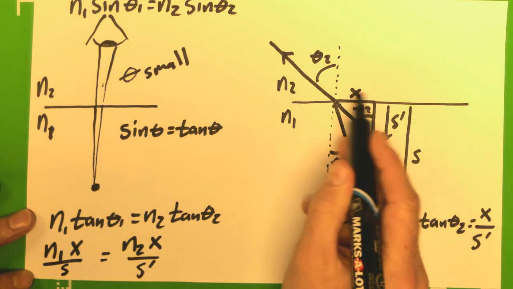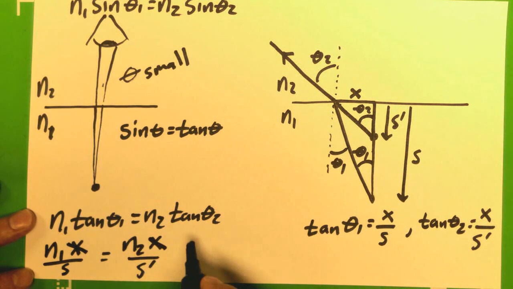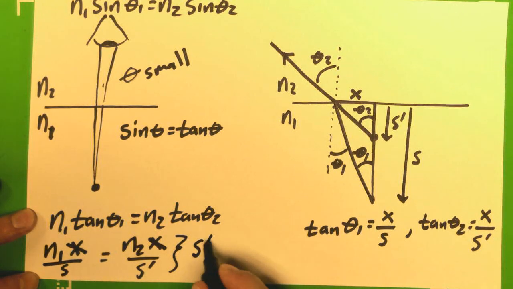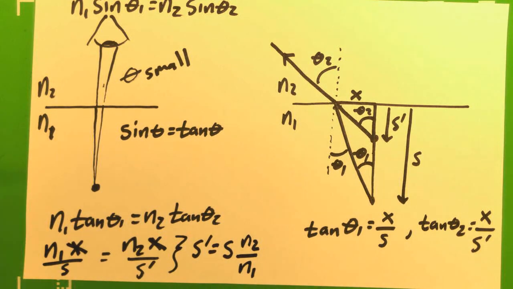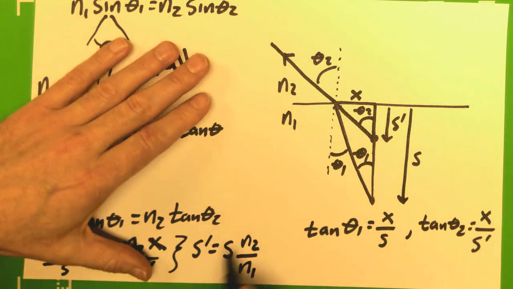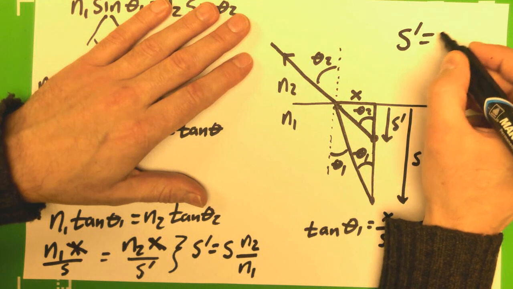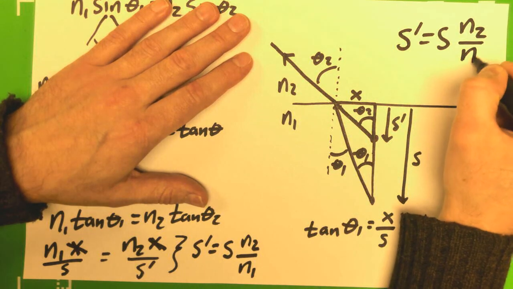And it didn't matter what x was because it cancels out on both sides. That allows me to now solve for s prime. Multiplying that up, s prime is going to be s n2 over n1. I want to write that up here because that's our main result: s prime equals s n2 over n1.